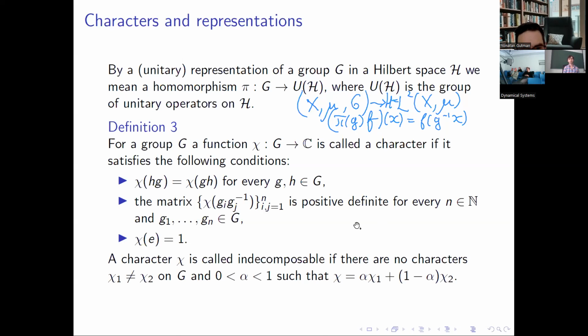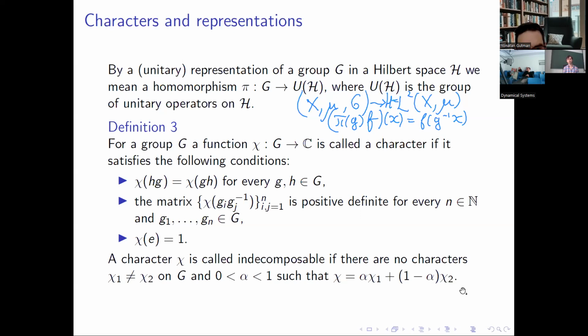And a character is called indecomposable if there are no characters chi1 not equal to chi2 on G, such that chi is a convex linear combination of these two characters.